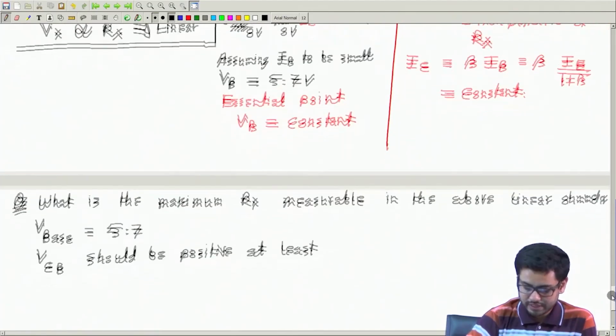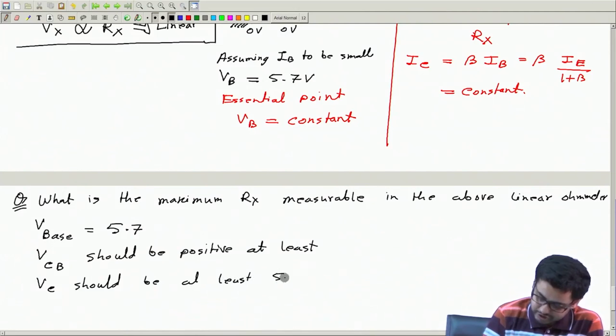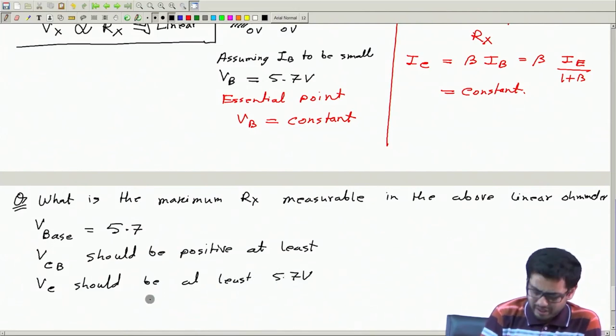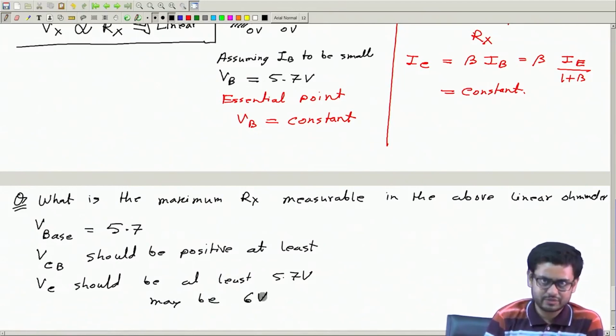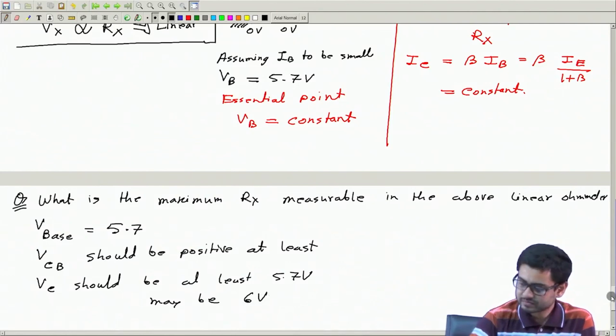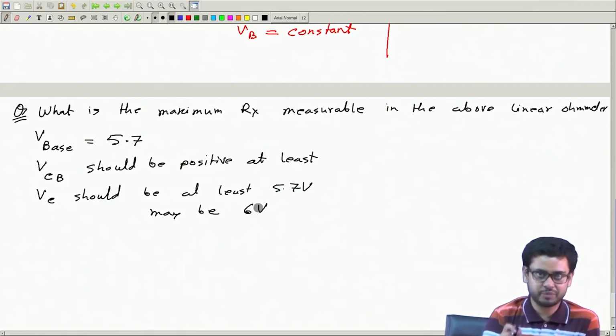So that means VC should be at least 5.7 volt. Because I do not have the transistor characteristic, maybe 6 volt is practical. I am doing an approximate estimation, not a precise calculation.